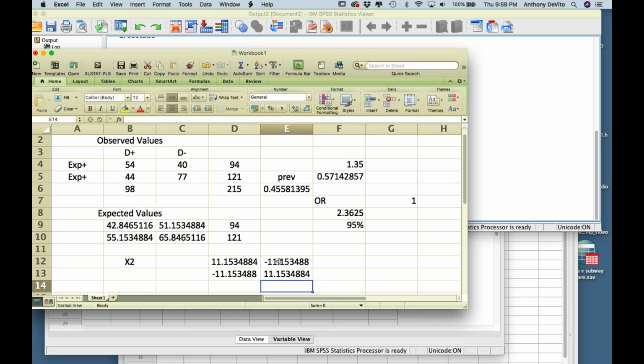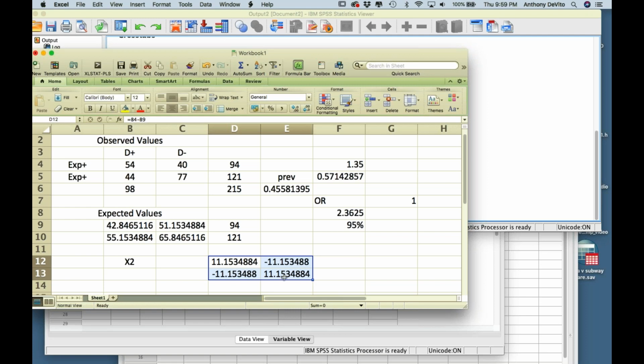Now let me think about this for a second. Why don't I just add up all these differences? The difference would be 0 if the expected and observed values were the same, meaning it doesn't matter if you smoke or not. But they come out being 0 anyway when I add them together because they're positive and negative numbers.